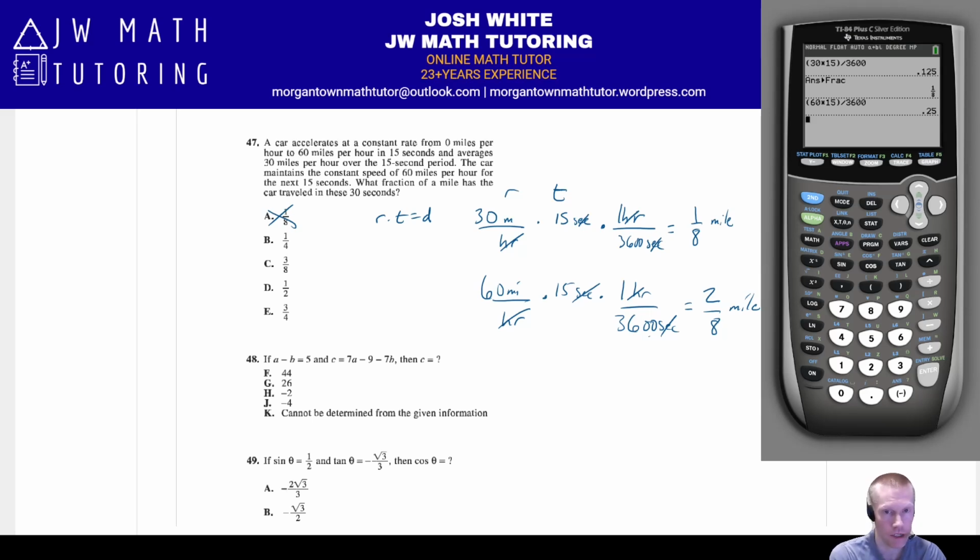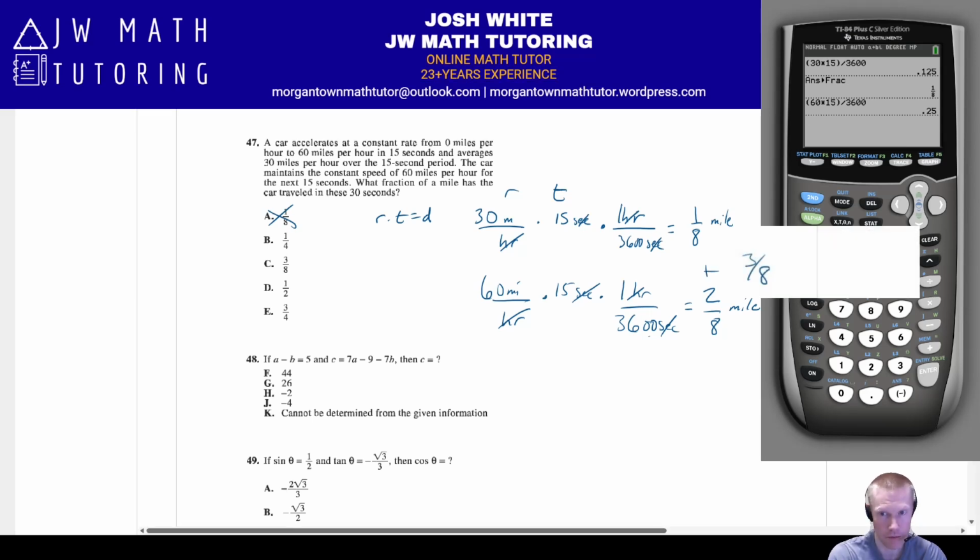Now we can just add these two together. What fraction of a mile has the car covered in these 30 seconds? Well, 1/8 plus 2/8 is just going to be 3/8 of a mile.